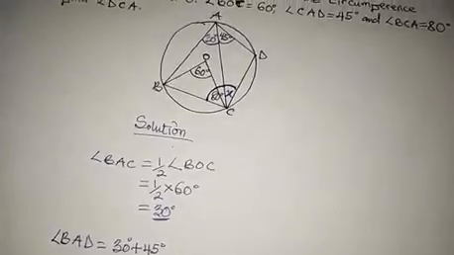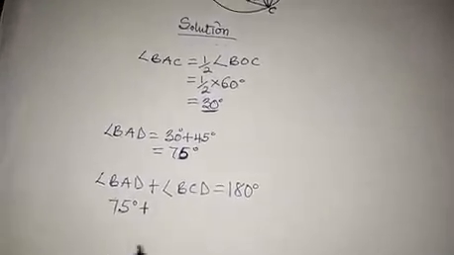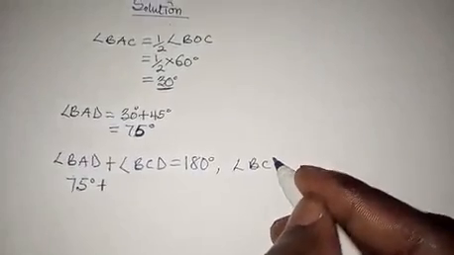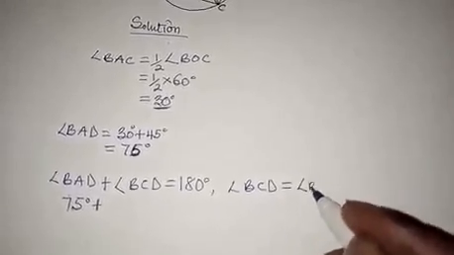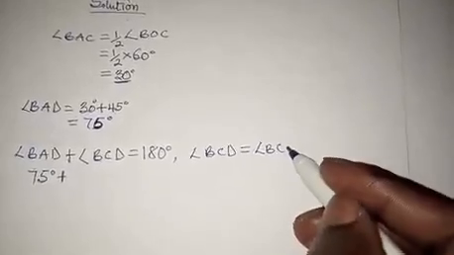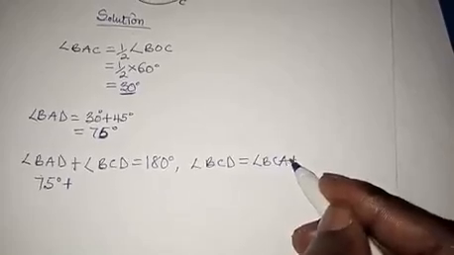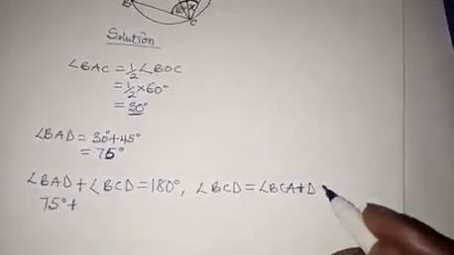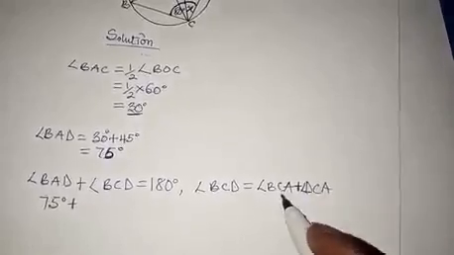So we can say that angle BCD is equal to angle BCA plus angle DCA.